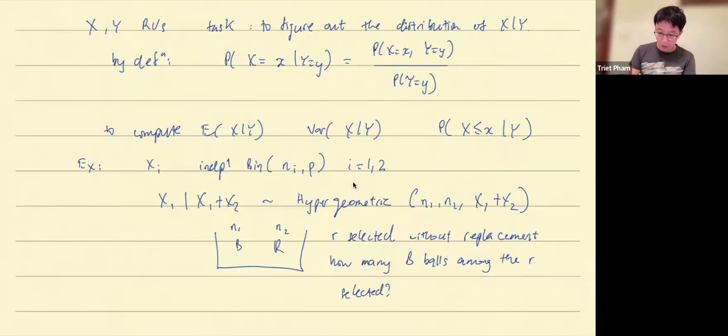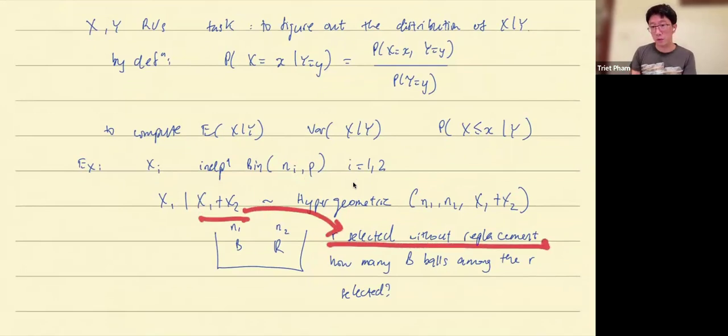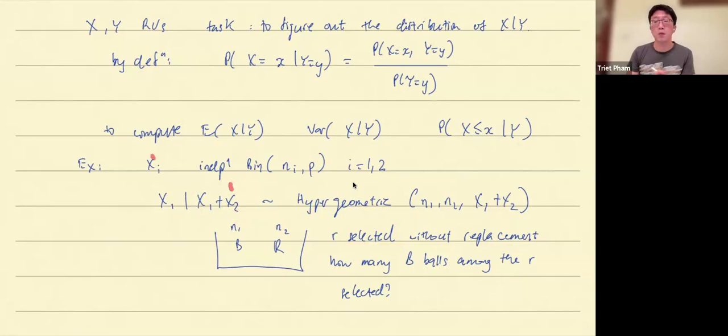When you have independent binomials like this and you condition on the sum, you have exactly the same situation, where the sum represents the number that you selected out of the sample without replacement. Because they represent the total number of successes between X1 and X2, and you're trying to figure out, among those total successes, how many belong to the first category.